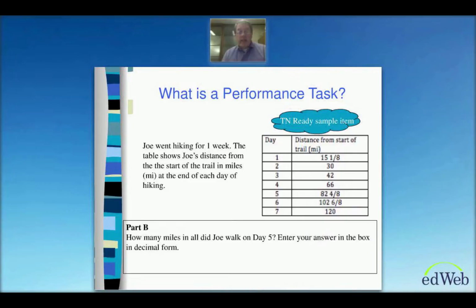The second part of this task asks how many miles in all did Joe walk on day 5? Enter your answer in the box in decimal form. Well, this is a little different because none of the tasks that we looked at before actually required a transformation between fractions and decimals.